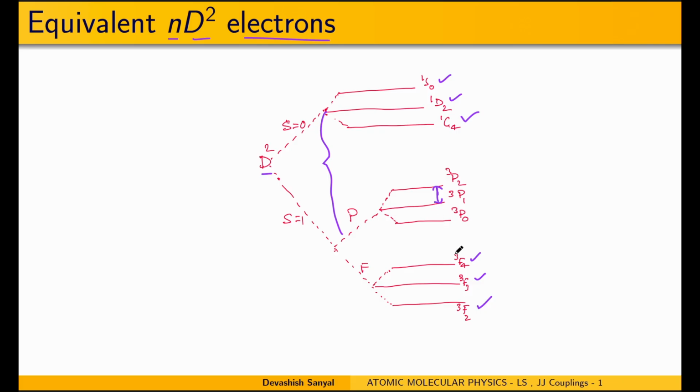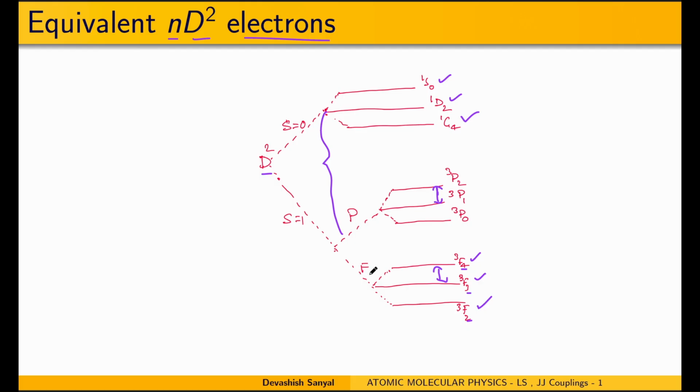Here also it is F. So the orbital angular momenta are the same, and the splitting is determined by LS coupling. The J's are different here: 4, 3, 2. That is how the energy levels are arranged, and with 2, this is the lowest energy.